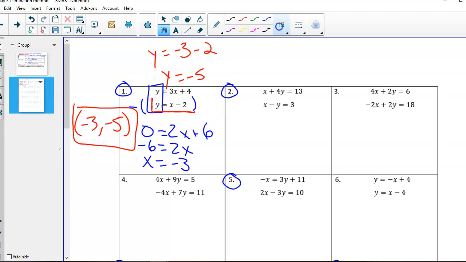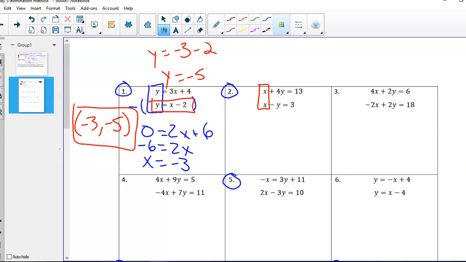So I'm using this equation, and I put negative 3 in. For number 2, do we have a variable that has the same coefficient in both? Yeah. What is it? X. So in this case, just x. X has the same coefficient. So just like I did here, these both have a coefficient of 1.